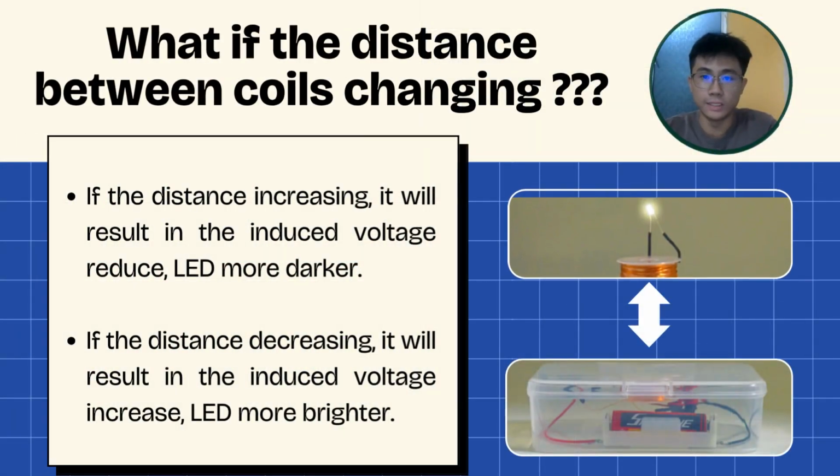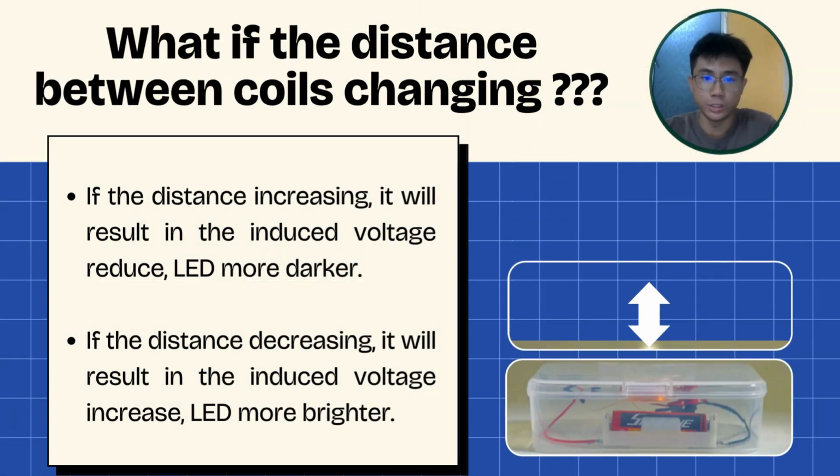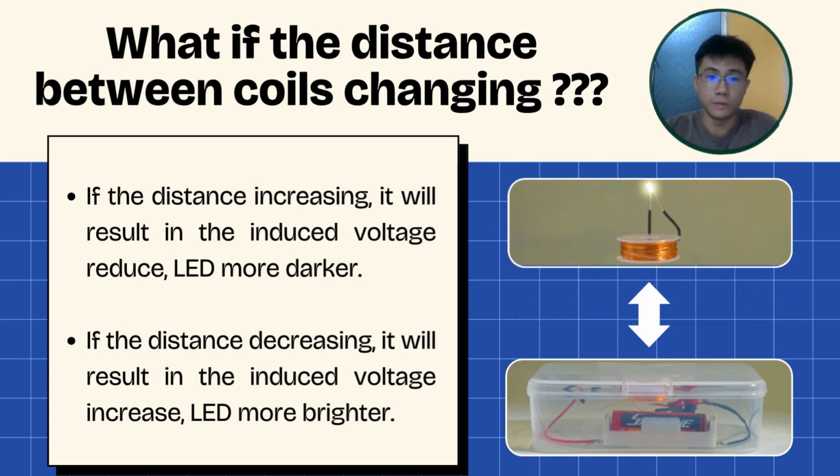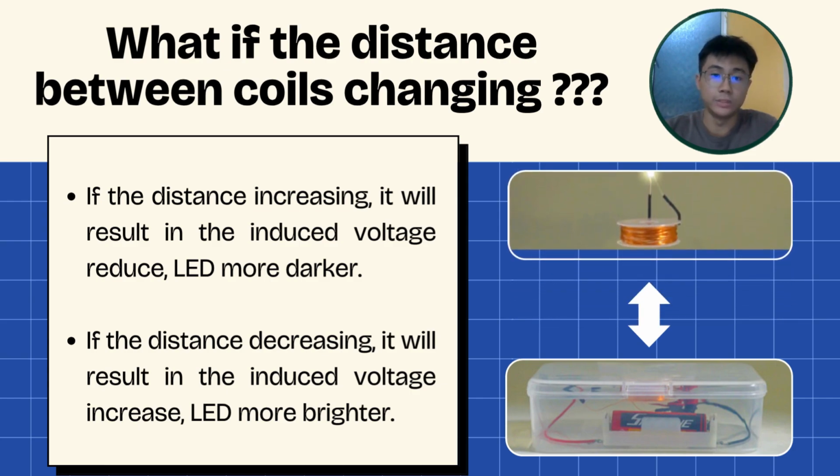Now, what happens when the distance between the coils changes? From the demo video, if the distance increases, the induced voltage is reduced, so the LED becomes darker. Vice versa, if the distance decreases, the induced voltage increases, and the LED becomes brighter.